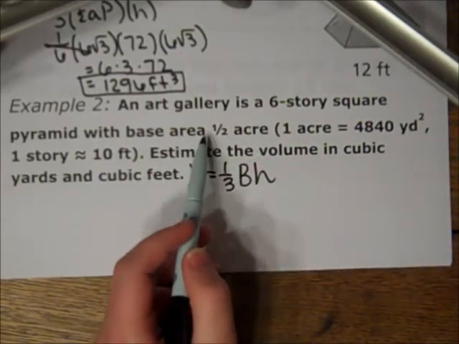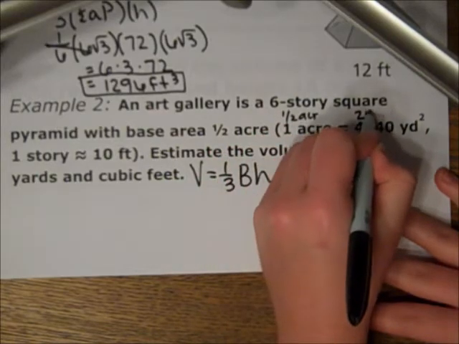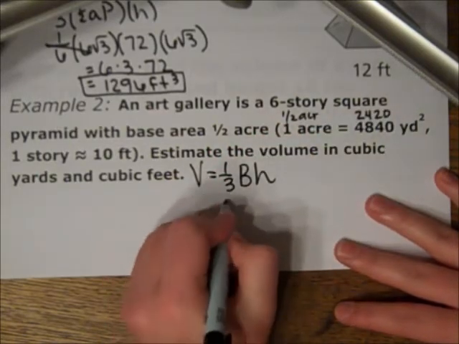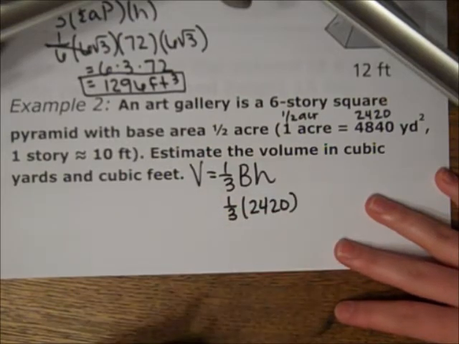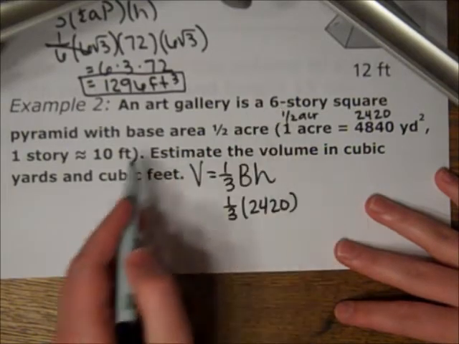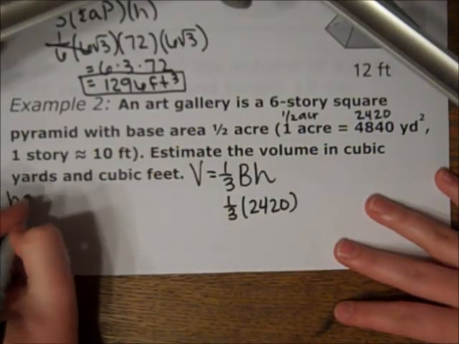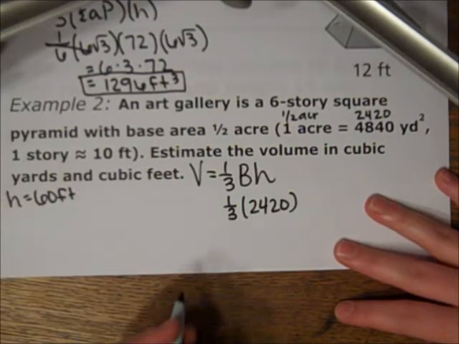So a base area of 1/2 acre would be 2420 yards squared. And the height would be a 6-story building. Each story is 10 feet, so the height would be 60 feet, but I need to translate that into yards.